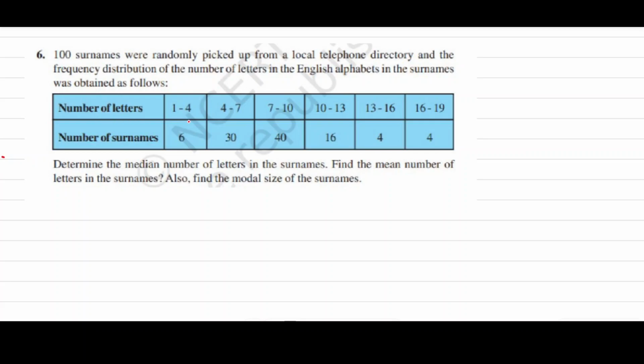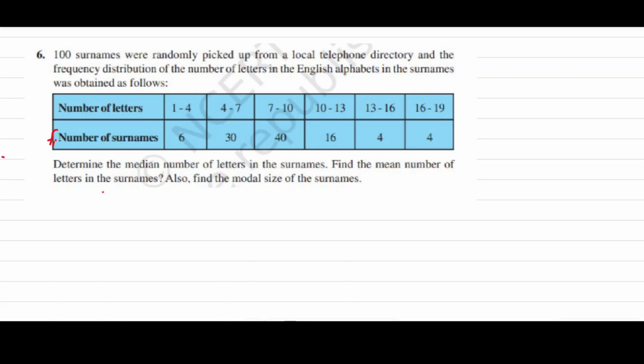Number of letters: 1 to 4, 4 to 7, 7 to 10, 10 to 13, 13 to 16; here given 6, 30, 40. So this is the class interval and this is Fi. Now determine the median number of letters in the surnames. Also find the mean number and modal size. Everything we'll have to find out, so don't worry.